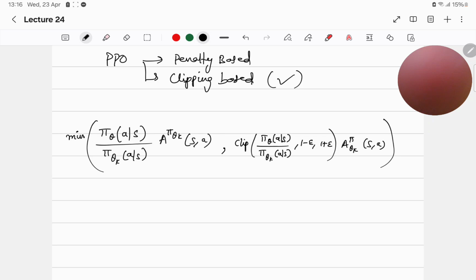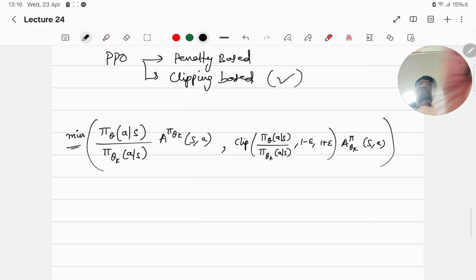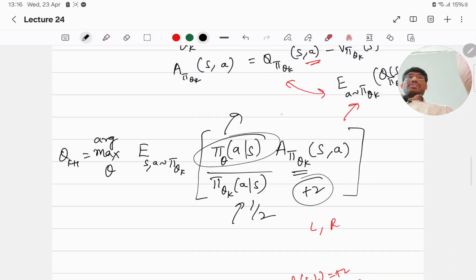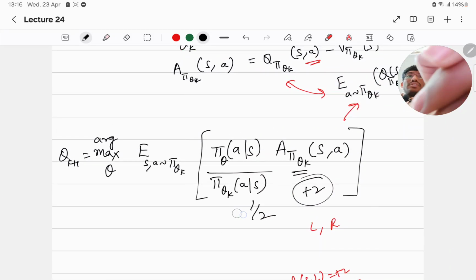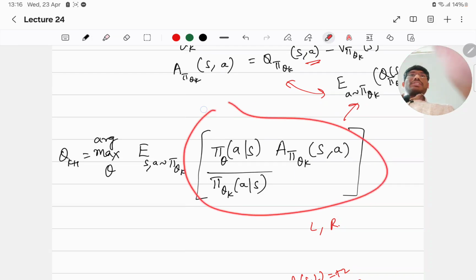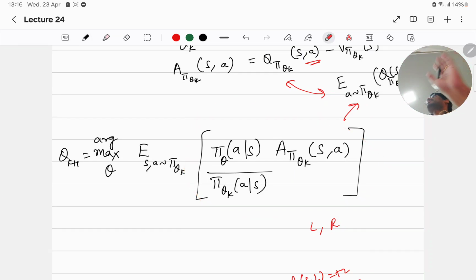And why am I doing min? Because I want the ratio to be at most this. Okay. So you will keep this in place of this. You just replace this part with that. Okay. The rest of the thing will be the same.